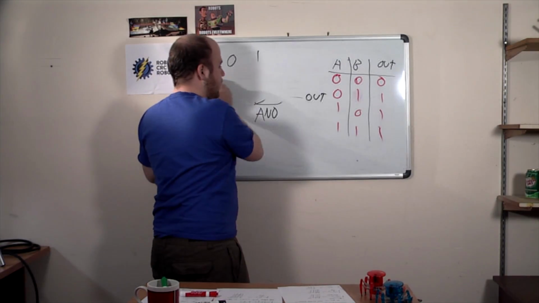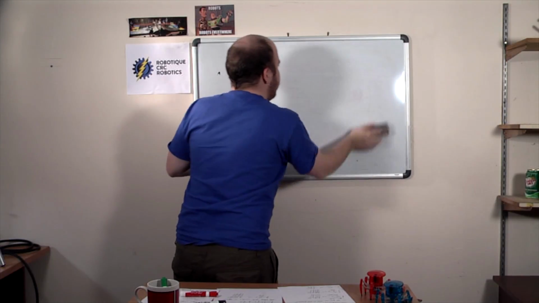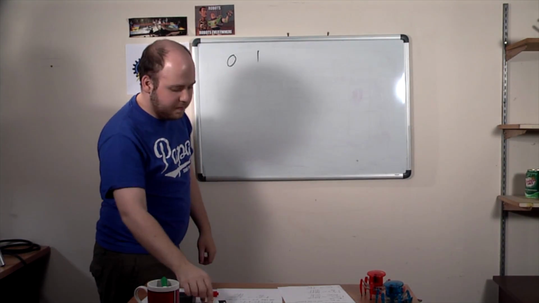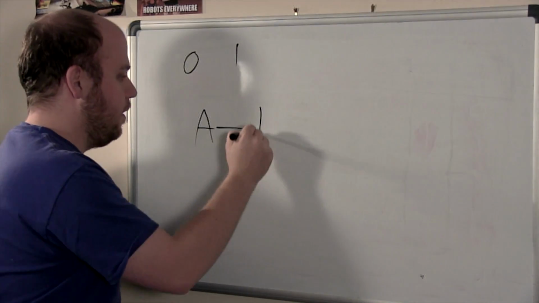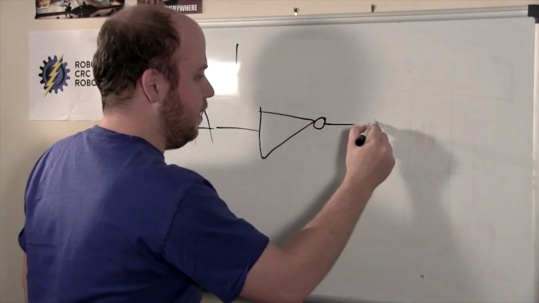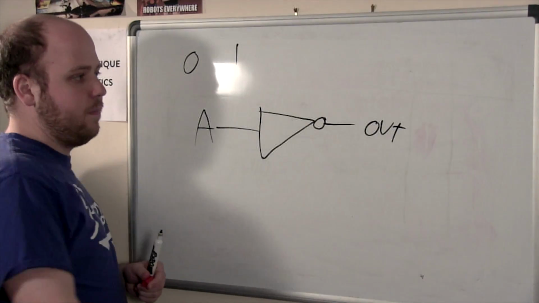Now, one of the most important gates, and often overlooked, is this one. It's called the NOT gate. You've got one input, one small triangle, and finally the output. Logic table, quickly simple.